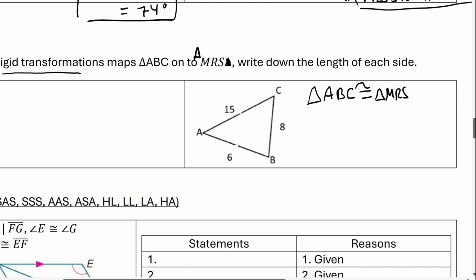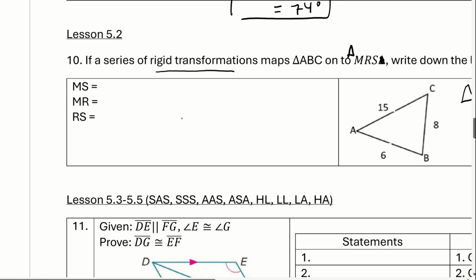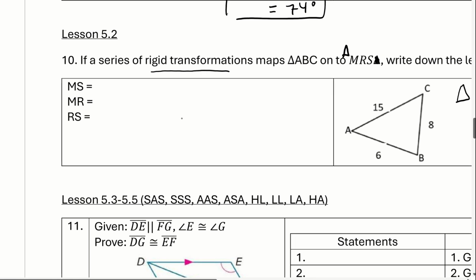And therefore, AB has to be congruent to MR, right? And so that means MR must be equal to AB. And therefore MR, and we know AB is 6, right? So let me just write this out.